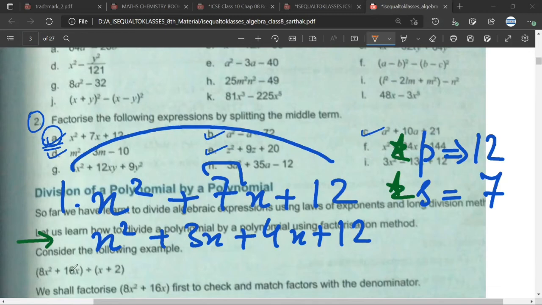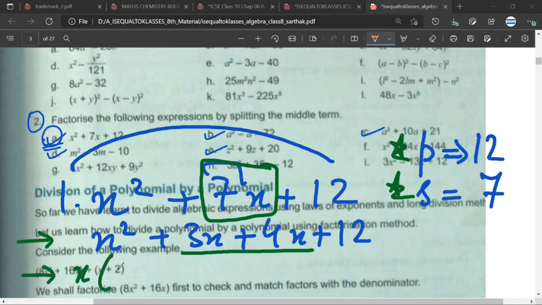We'll divide the middle number, so it will become x square plus 3x plus 4x plus 12. I have split the middle term 7x into 3x plus 4x. Are we clear? Yes, sir. What should I do next? I didn't understand after this. Okay. I will take x as a common factor.